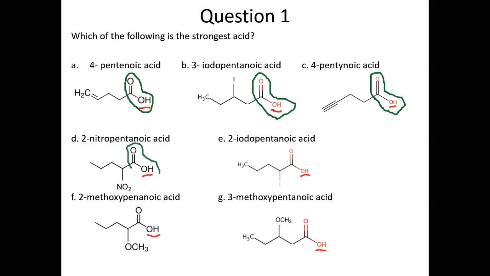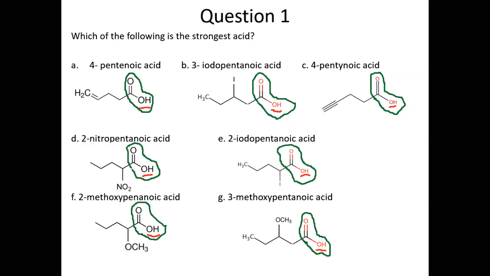This has resonance. This has resonance. This has resonance. And this has resonance. So they all have resonance, and they all have the same amount of resonance because they're all carboxylic groups. We looked at the element attached to the acidic proton, all the same, and they all have the same magnitude of resonance.